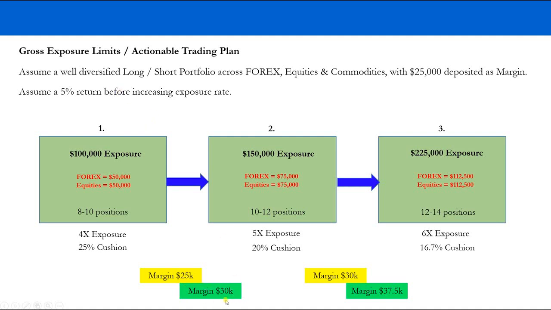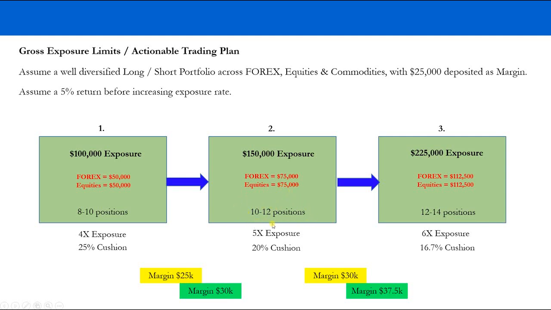And then when we have made 5%, we increase our exposure rate because our margin has now gone up to 30K. So we now increase our exposure to 5 times the 30K, which gives us $150,000 exposure: $75,000 exposure in Forex, $75,000 exposure in equities.